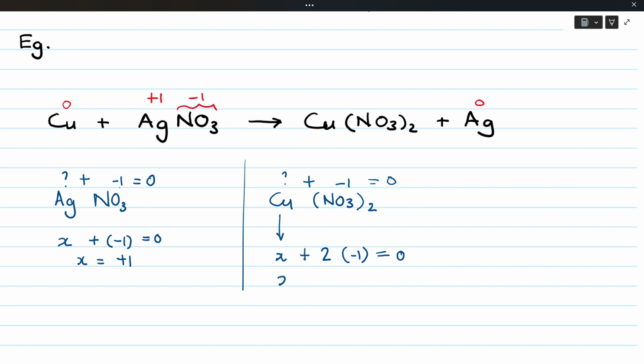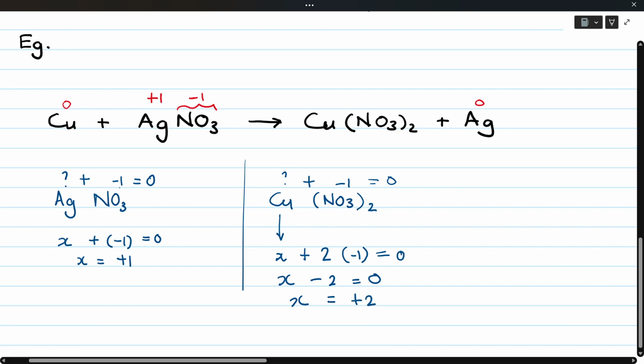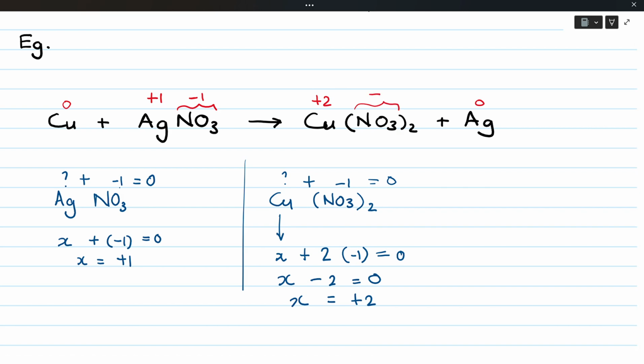So if I solve for this, x minus 2 equals 0, x must therefore be equal to +2. And we've now solved for copper, that copper has an oxidation number of +2, and nitrate as a whole has an oxidation number of -1. Be careful about that, right? It's -1. Okay, so we've now solved for the oxidation number of every one of these elements here.